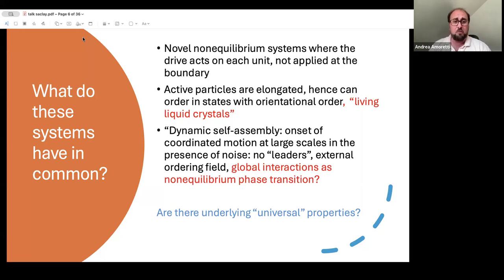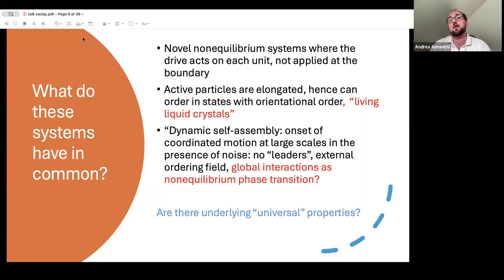So they form what are called living liquid crystals. And on top of that, they do present emergent phenomena which are out of equilibrium. Okay, so people started to ask: are there some underlying universal properties?